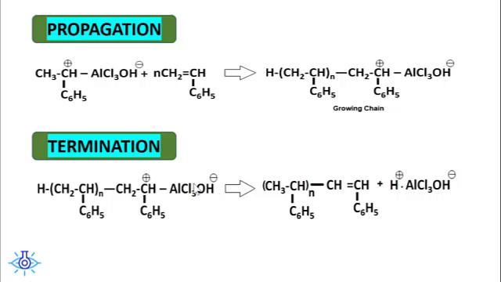The counter ion is AlCl3 OH minus, which abstracts a proton from here, thereby a double bonded unsaturated end product is obtained, arresting the growth of the polymerization, resulting in the macromolecule and eliminating the counter ion. So this is how the cationic polymerization proceeds.